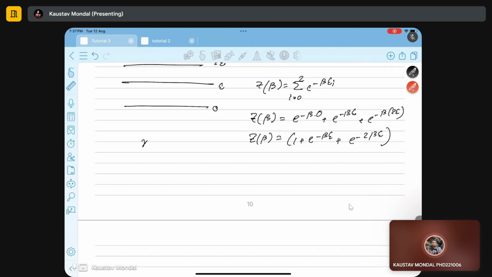Now if you consider x as e to the power minus beta epsilon, so Z would be simply 1 plus x plus x squared.